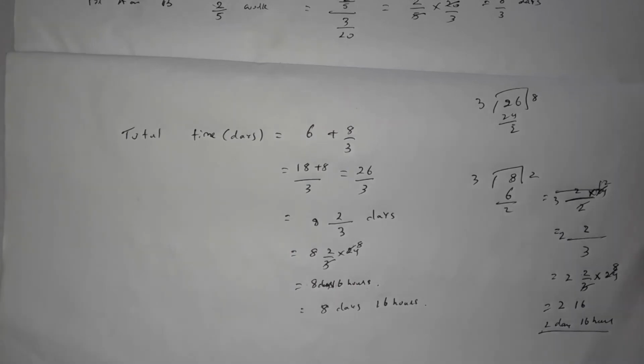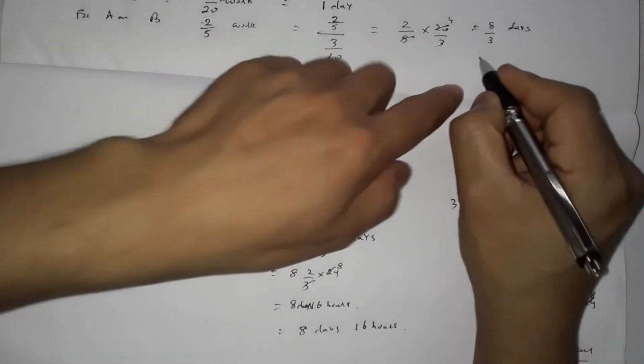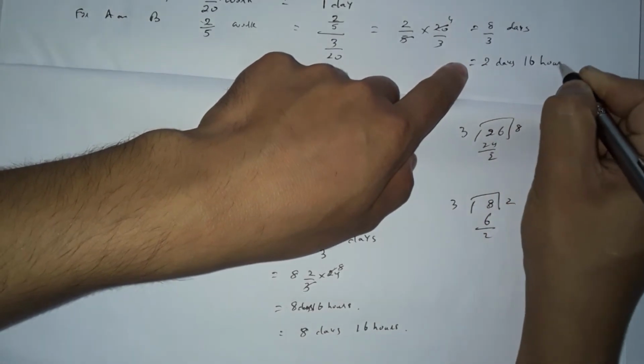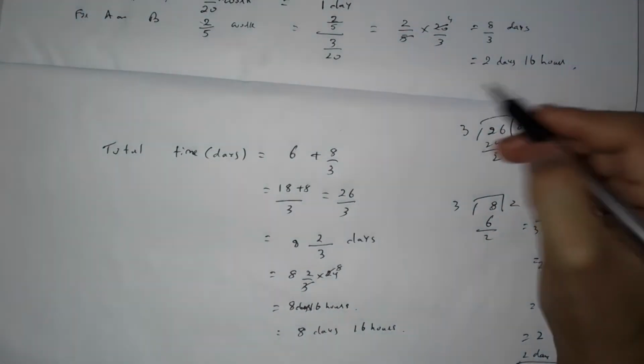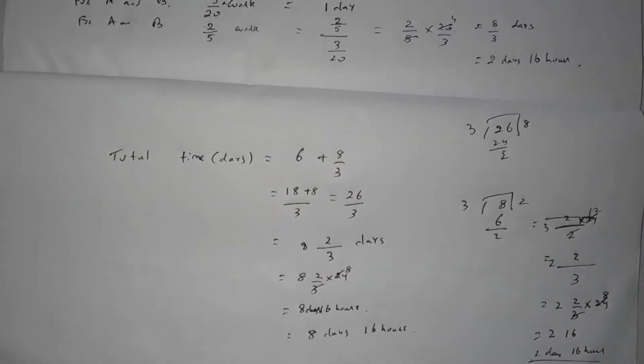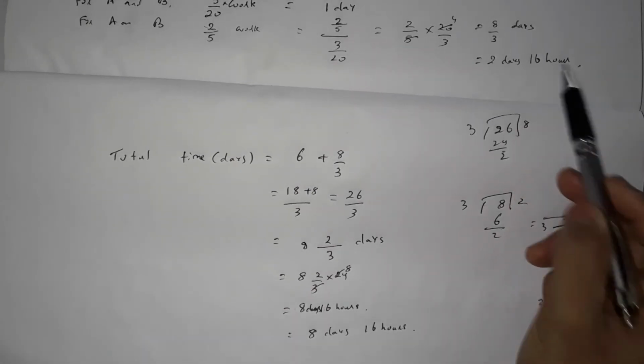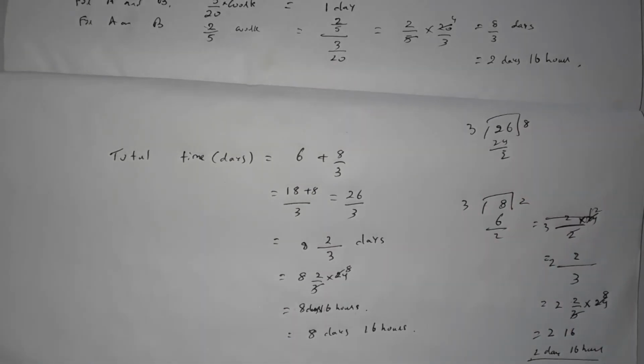By A and B. You see, 8 by 3 days equals 2 days, 16 hours. After that, B left and A completes the work in 6 days. So the total time is 6 plus 2 days, 16 hours, which is 8 days, 16 hours. So that is the answer.